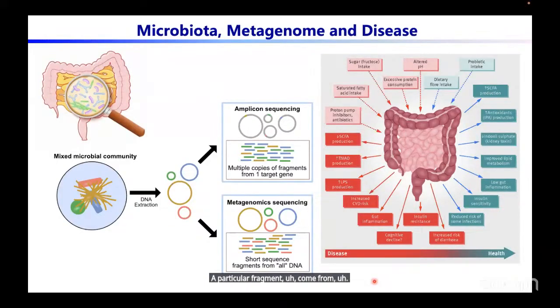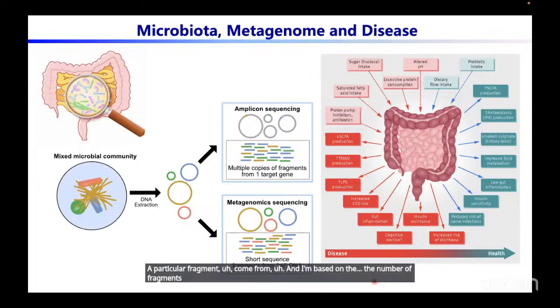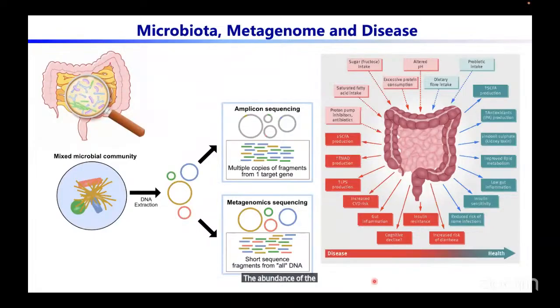And then based on the number of fragments, we can derive the abundance of the species of the microbes. The abundance of the species is somehow linked to disease state.